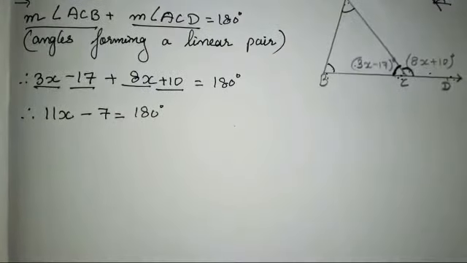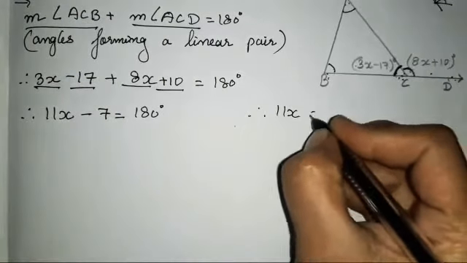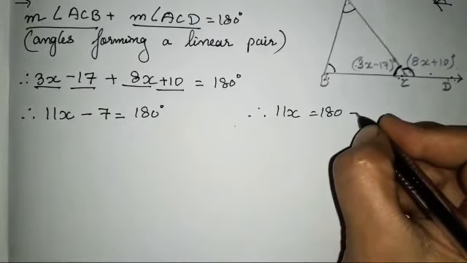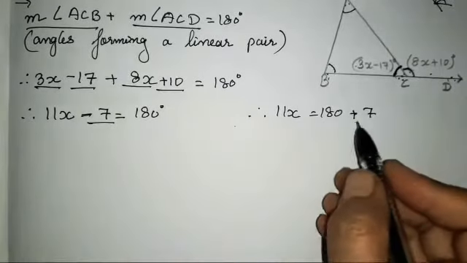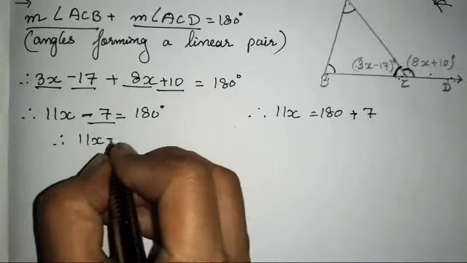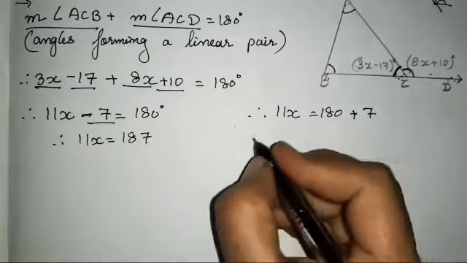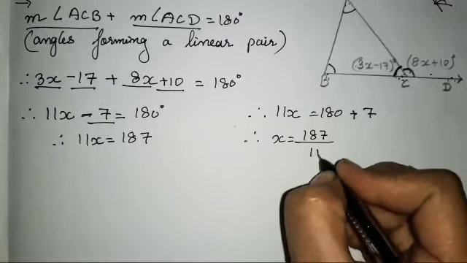So after this step, 11x is equal to 180, this minus 7 will change its side and become plus 7. So therefore 11x is equal to 187.